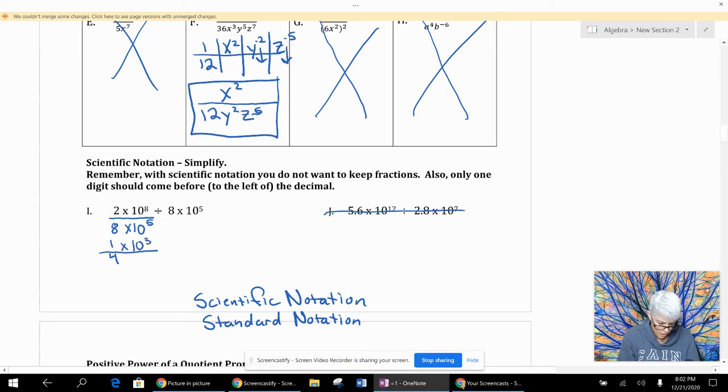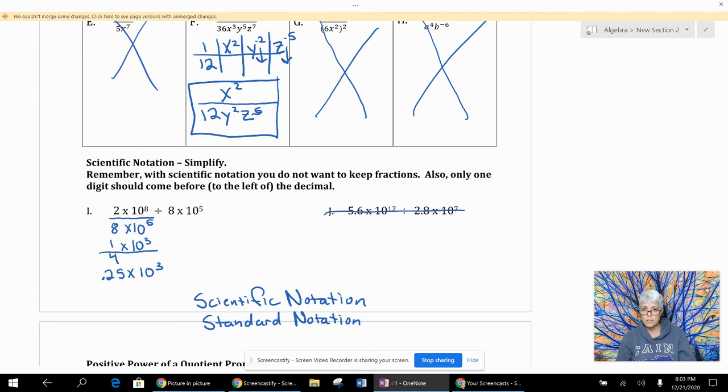Now, I don't know about you, but I never write scientific notation with a fraction in it, so I'm going to rewrite it as a decimal. 0.25 times 10 to the power of 3. Now, there's something wrong with this because the leading number needs to be between 1 and 10, and right now it's 0.25. That's less than 1.